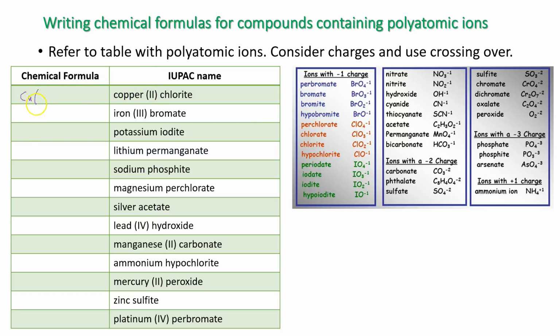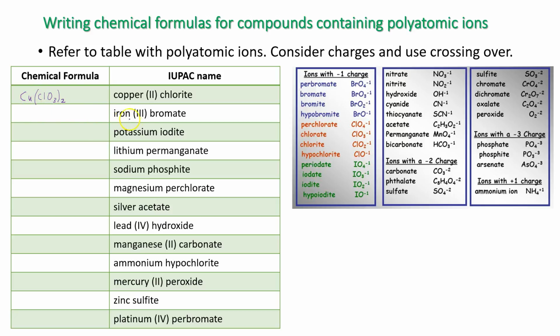So we're going to have to use parentheses, so Cl, and the subscript is going to be 2. Okay, so there are two chlorides for every copper.